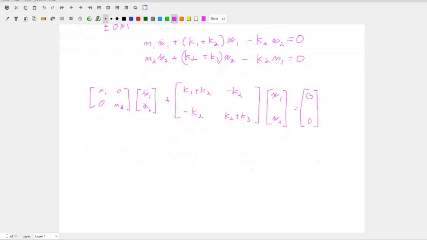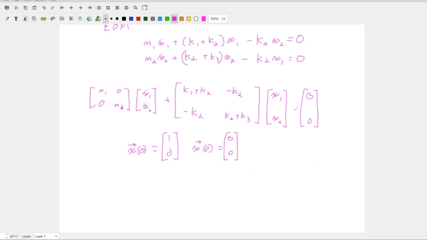Right, and then we can also do our initial vectors. So we have x vector of 0, that's our initial conditions, equal to 1 and 0. And x dot vector of 0 is equal to 0 and 0. That makes sense? Pretty good? Okay.